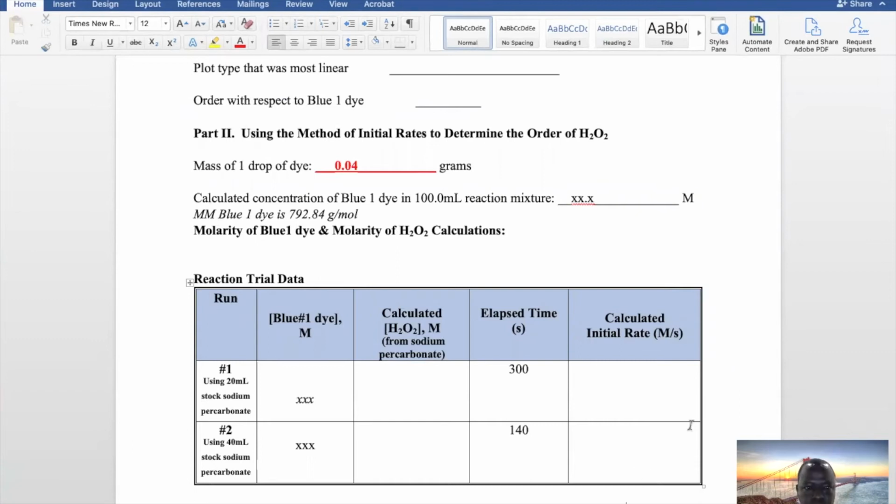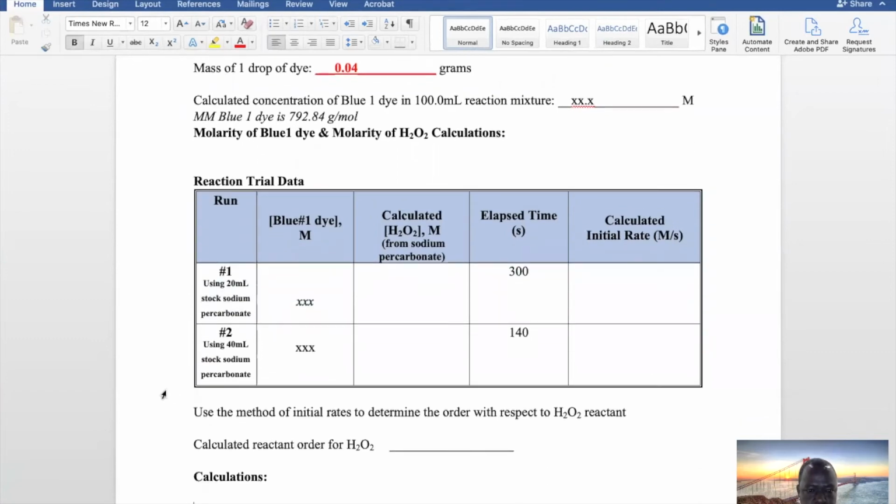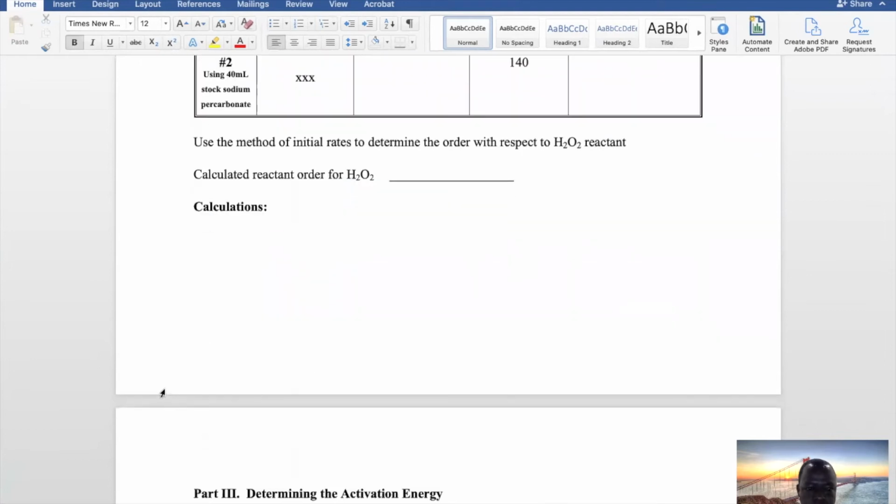With that, where are we going to put the values? Here, this is just a calculation for the reaction order for peroxide. You will use the method of initial rates. Please show me that you used that method.